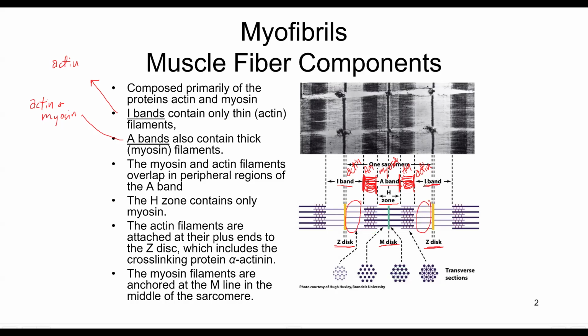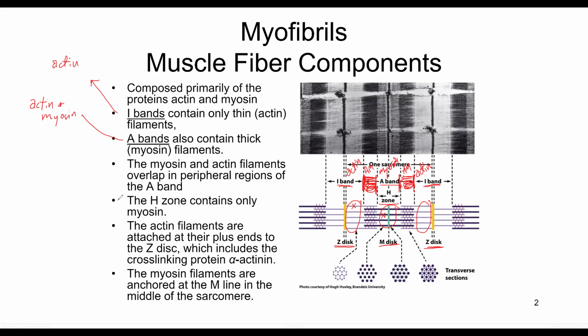Being able to see that this is within the I band, it's safe to say the I band only has actin. So this singular filament right here, and all of these below it, those are actin. Now, what about within this region, the H zone? Those are only myosin. So these thicker bands represent myosin.